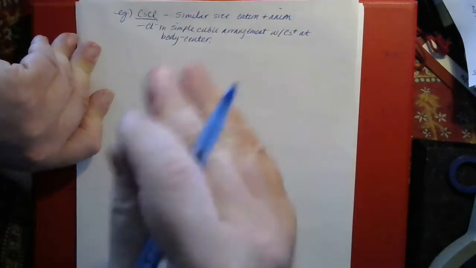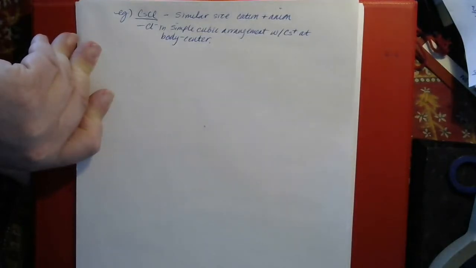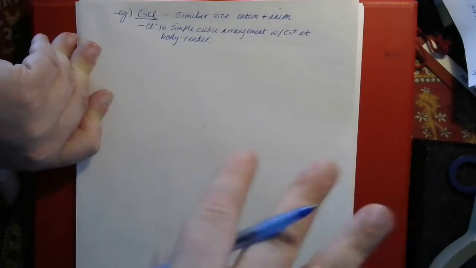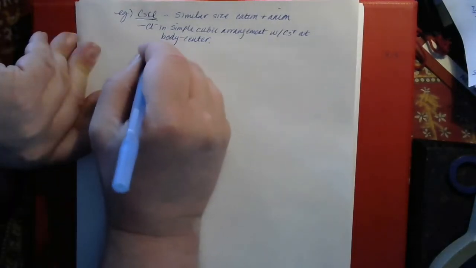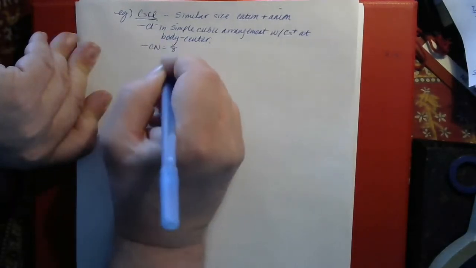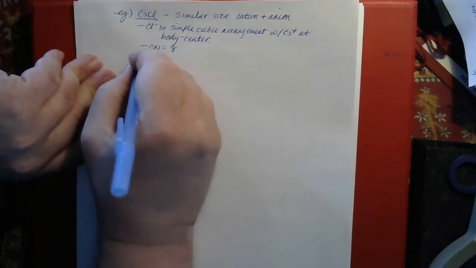So it's sort of a body-centered cubic unit cell, only the atoms are not all the same, like we saw when we first looked at a body-centered cubic structure. The coordination number is 8.